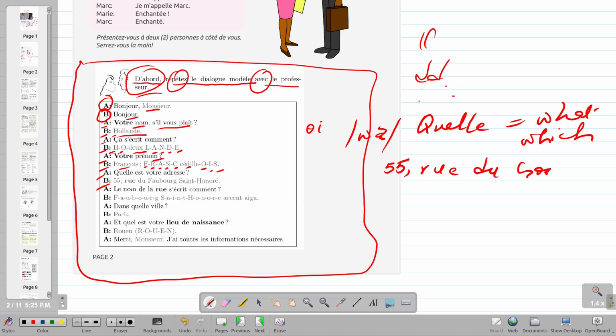For example, if I lived on Gordon Street, Rue Gordon, I can actually remove this and say 55 Rue Gordon, virgule, Regina. Because j'habite à Regina. I live in Regina. J'habite. We're going to come across the verb habiter, and then it will be clearer. J'habite à Regina.